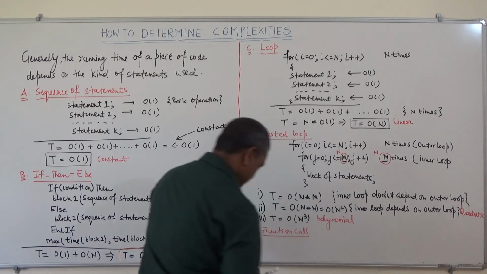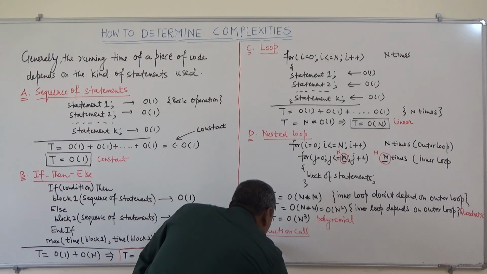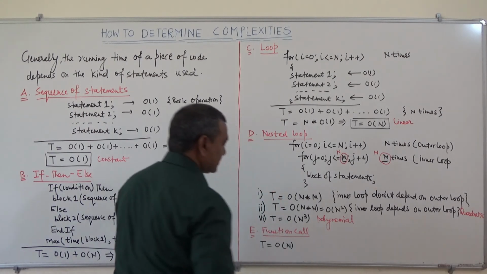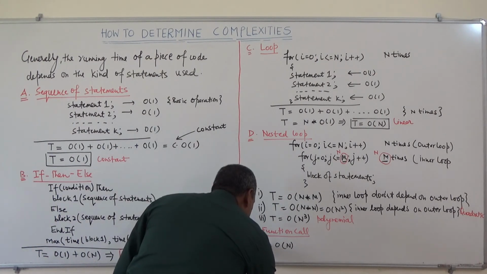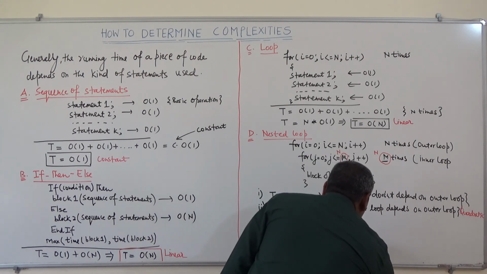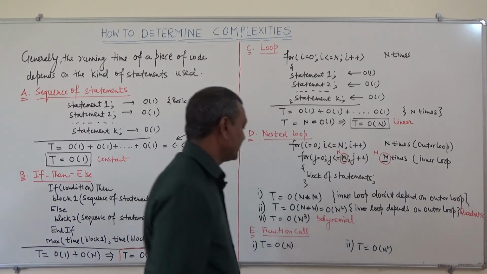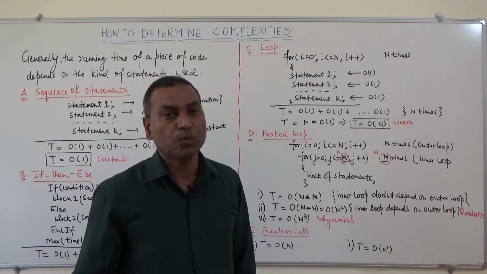In this case, if this is a simple call, then the complexity will be order of n. This is linear. And the second is order of n square if the function is being called within a loop.